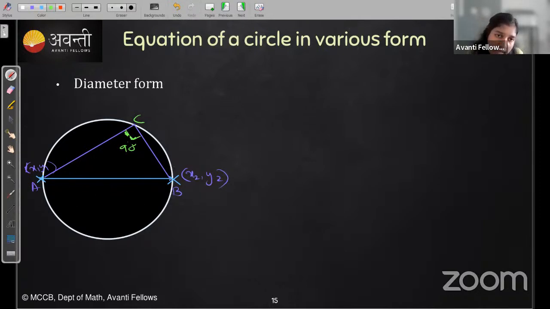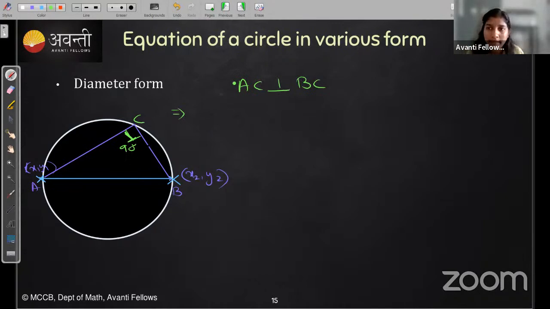Now, if this angle is 90 degrees, then AC will be perpendicular to BC, right? The angle between them is 90, so they both will be perpendicular. So what happens to the slope?